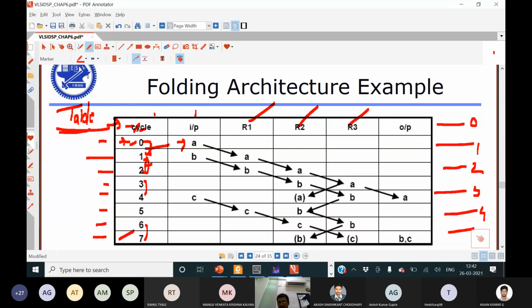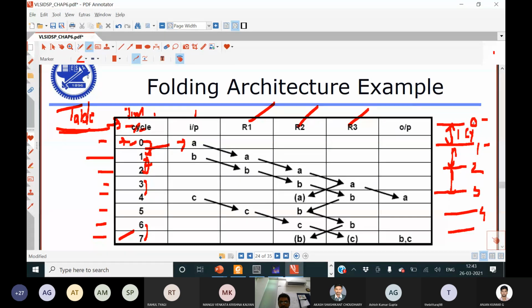When I say this, this particular time period is my first clock cycle, and this is my second clock cycle. So time instance 0 to 1 is 1 clock cycle, and time instance 1 to 2 is the 2nd clock cycle. Here I am talking about the time instance.